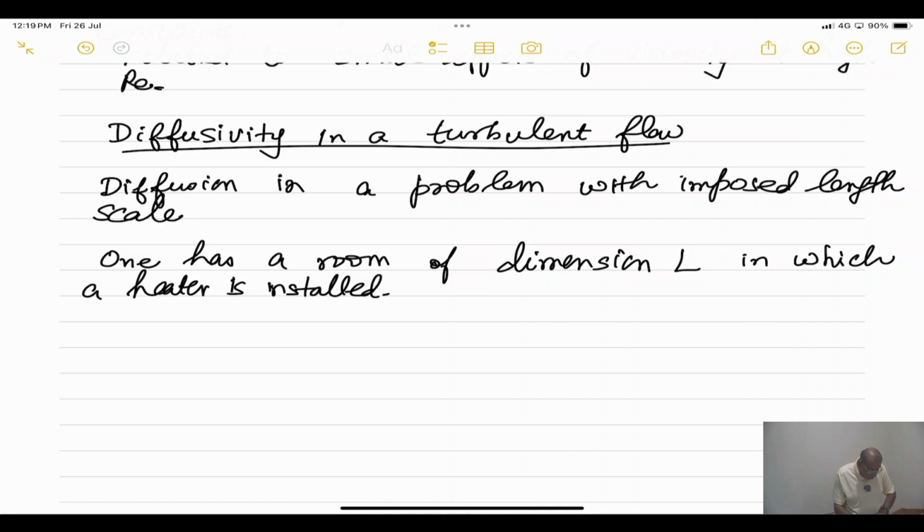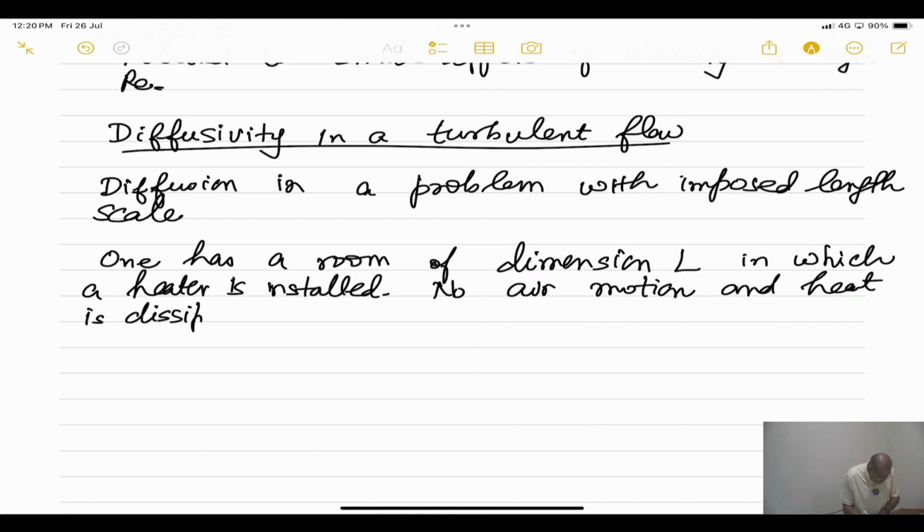There is no air motion, and heat is dissipated by molecular diffusion.